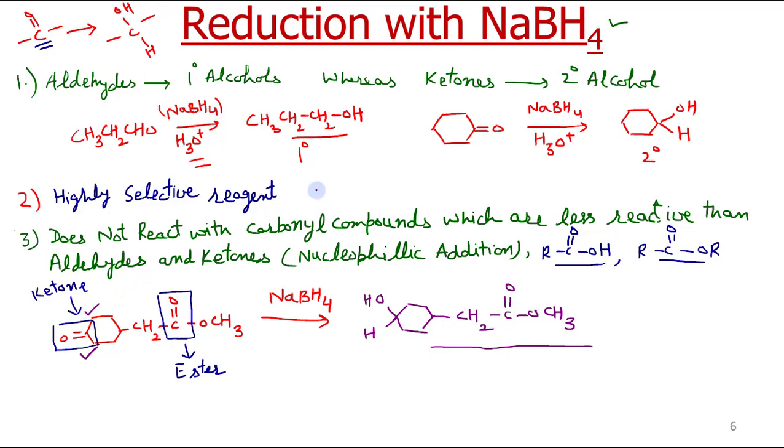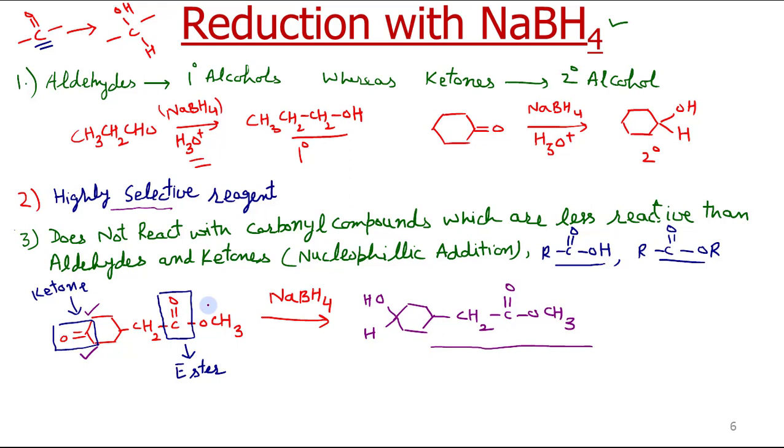So what we have learned: sodium borohydride is a mostly used reagent when we have to reduce aldehydes or ketones, because it can reduce aldehydes and ketones, and the most important feature is that it is selective. Selective means it does not reduce all the carbonyl compounds. Those functional groups containing carbonyl groups which are less reactive than ketones and aldehydes will not be reduced.